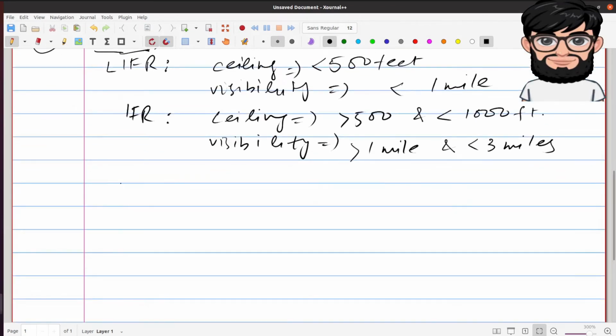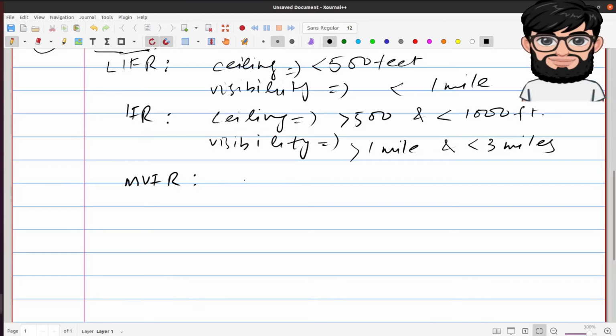Then first let's cover the MVFR. Again, it's the marginal VFR. I think I said minimum VFR, that was wrong. It's marginal VFR.